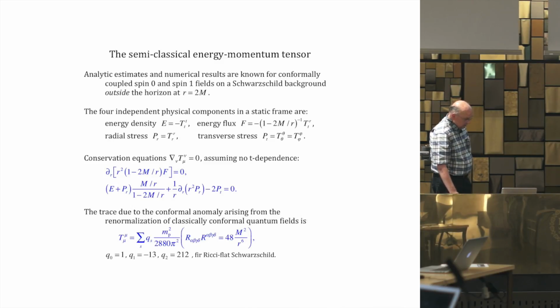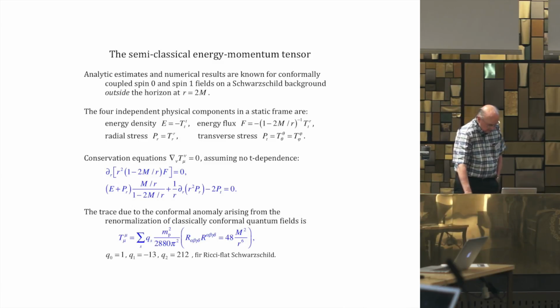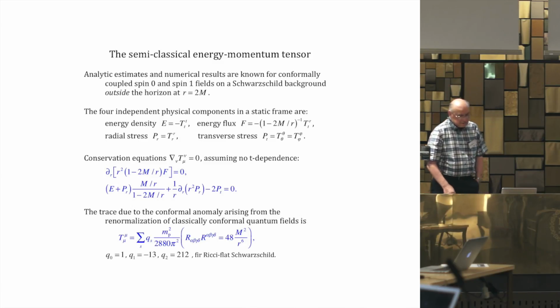So what do you expect? The fields around the black hole relax to some sort of stationary state, not a static state, but a stationary state, over a few dynamical times.